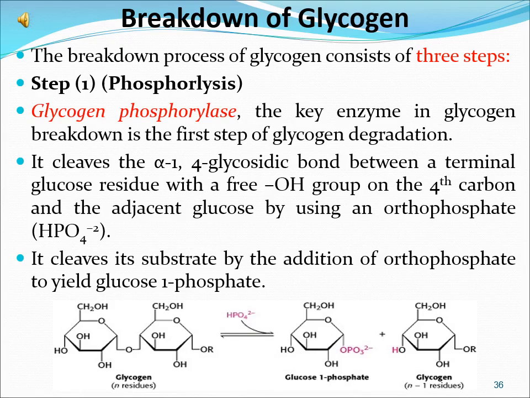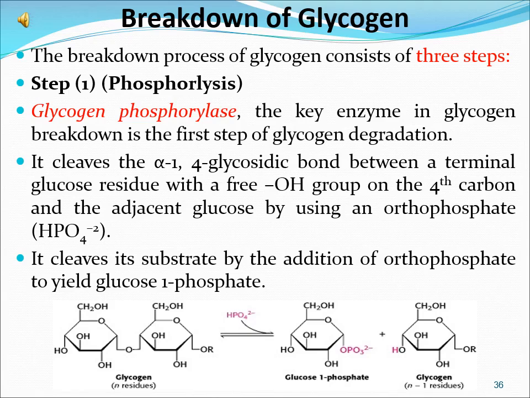Now the breakdown of glycogen. The breakdown process of glycogen consists of 3 steps and uses 4 different enzymes. Step 1, phosphorylases. Glycogen phosphorylase, the key enzyme in glycogen breakdown, catalyzes the first step of glycogen degradation.